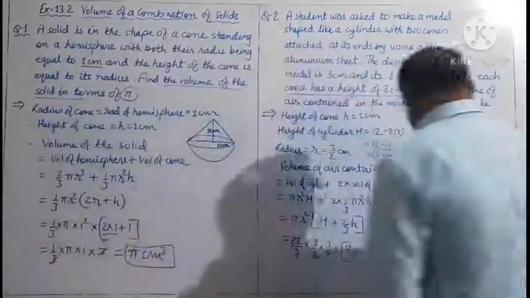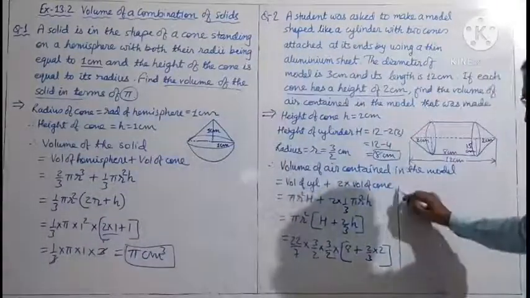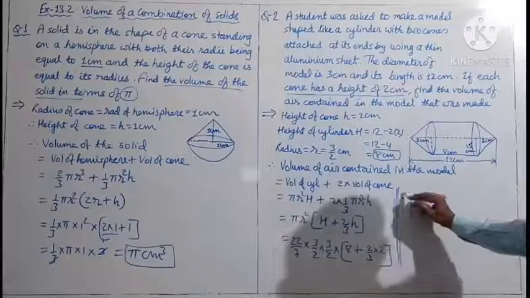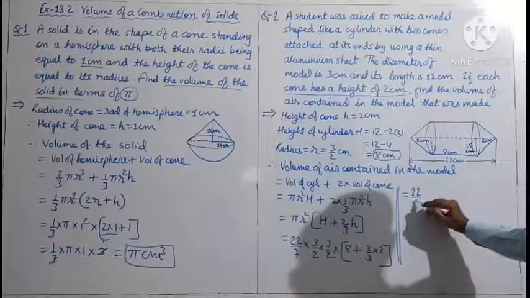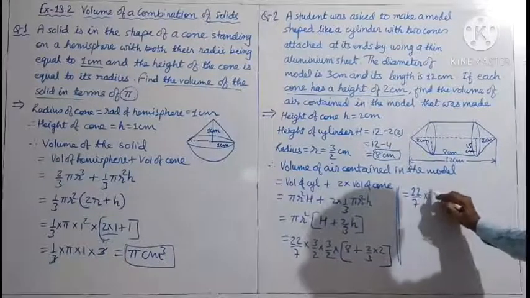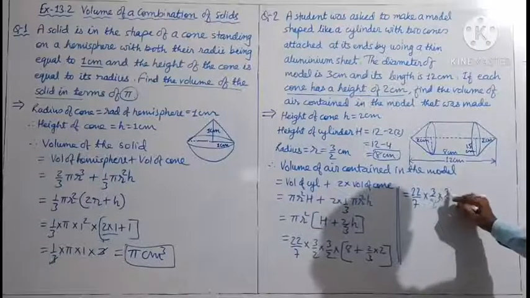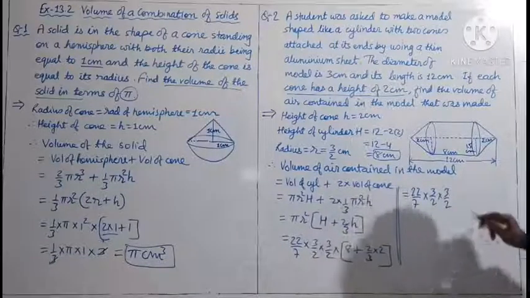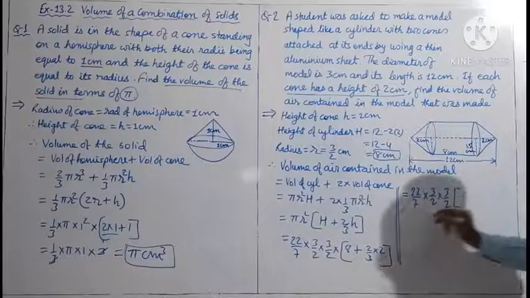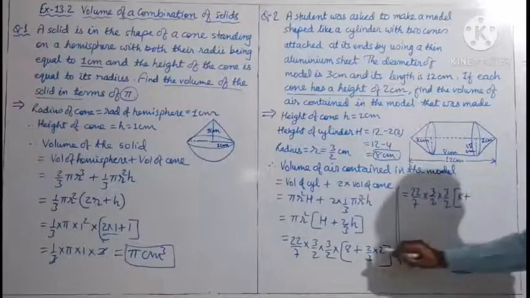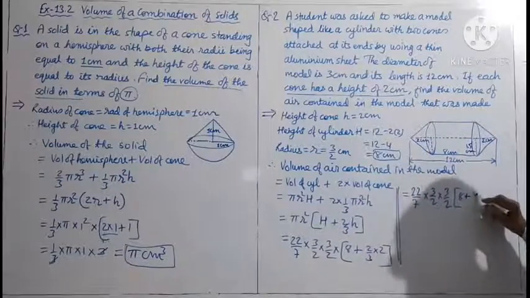So now we can write that this is equal to 22 by 7 multiplied by 3 by 2 multiplied by 3 by 2, multiplied by in bracket 8 plus 2 twos are 4 by 3.